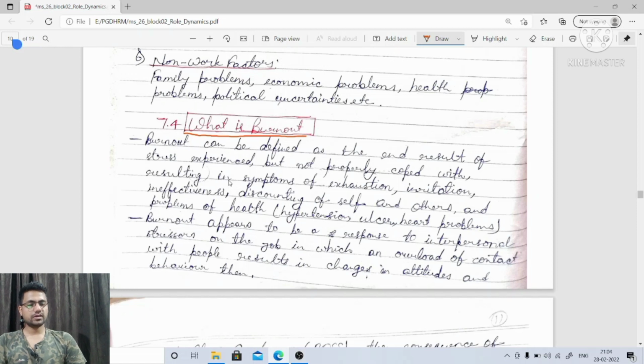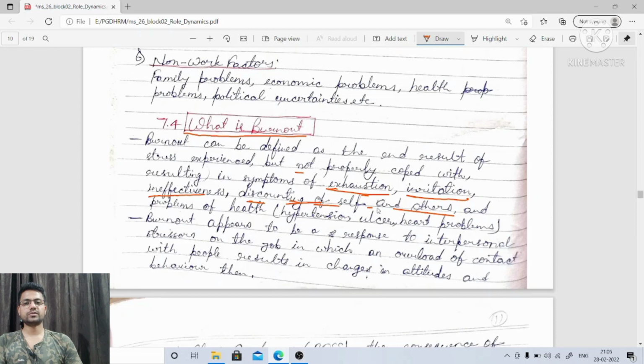If the stress is not properly managed, then it may cause burnout, because burnout is the end result of stress. The symptoms of burnout are exhaustion, irritation, ineffectiveness, and discounting of self and others.